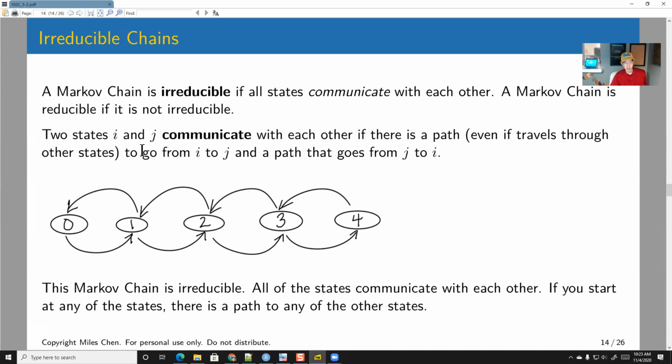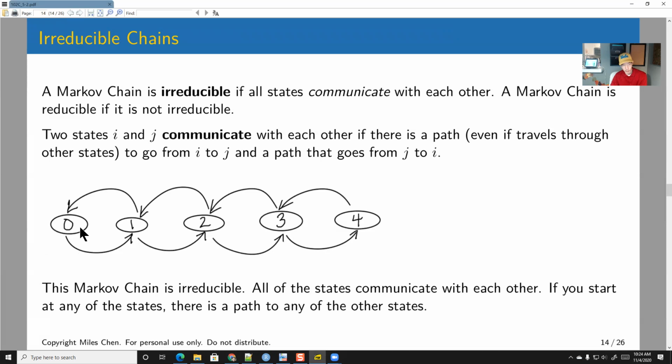We're going to say two states i and j communicate with each other if there's a path that goes from i to j, and there's a path that goes from j to i. Here, we can look at state 0 and state 3. There's not a direct path, but you can go from state 0 to state 1 to state 2 and get to state 3.